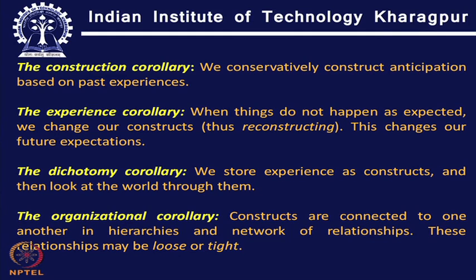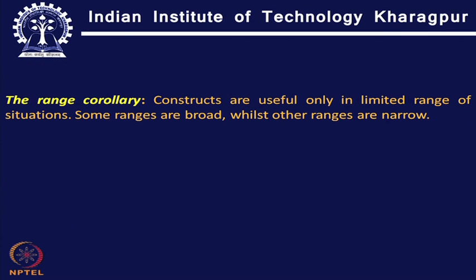The organization corollary: constructs are connected to one another in hierarchies and networks of relationship. The range corollary: constructs are useful only in a limited range of situations. Some ranges are broad while others are narrow.